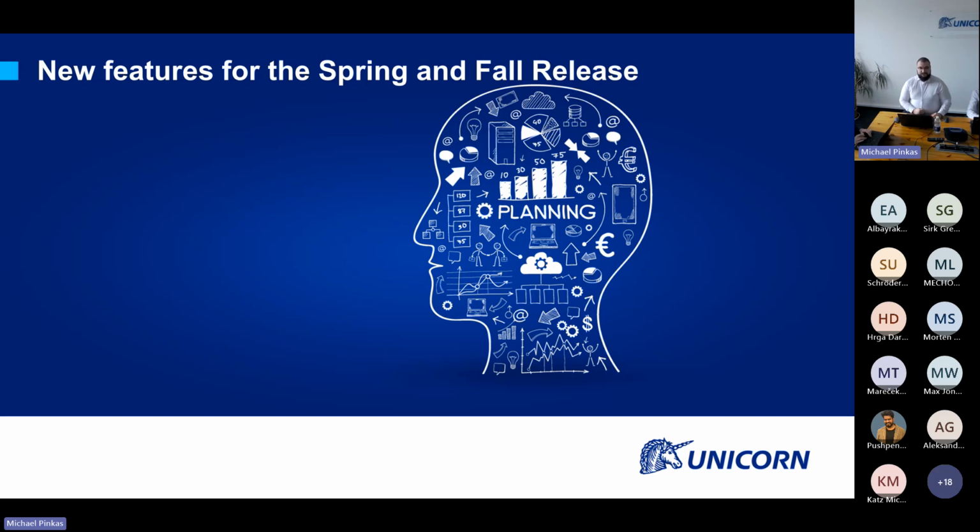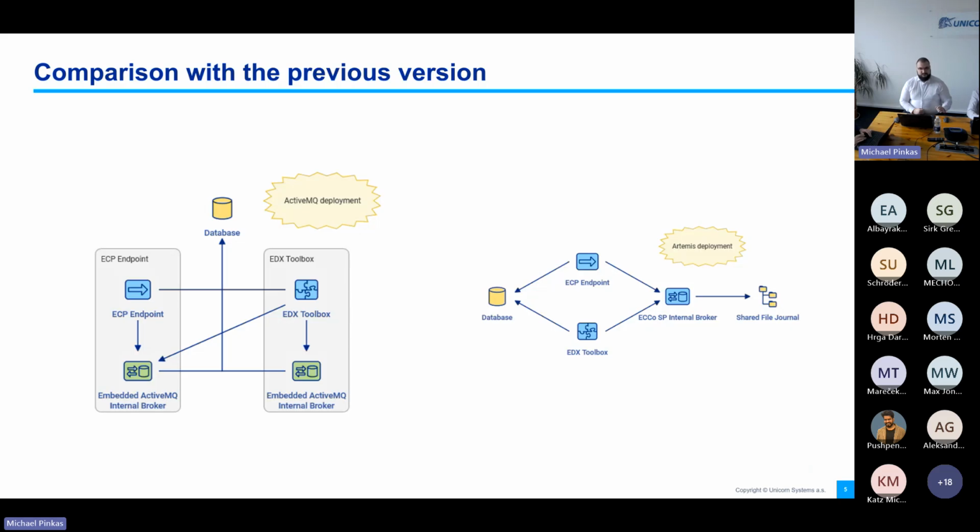So let's start with the new features on spring and fall release. Let's start with a small comparison of the Artemis deployment and the ActiveMQ deployment. As you can see on the left picture, on the previous version where ActiveMQ Classic was used, the internal broker was embedded in the application itself.